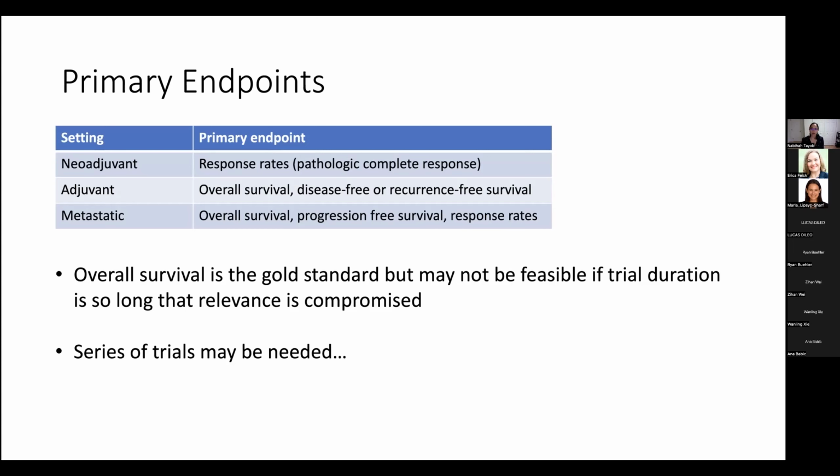Let's say you have to do a 10-year study, and the field has moved on by the time you finish your study, then that might not be feasible. So then you have options like disease-free or recurrence-free survival, progression-free survival in the metastatic setting, or response rates. So sometimes you might not be able to do your intended trial. What you maybe need to do is a series of trials to get you closer to your intended trial.